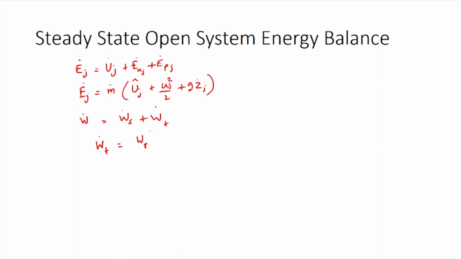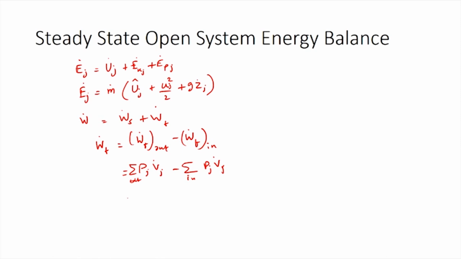This can be written as sigma out of P j V j dot minus sigma in of P j V j dot.